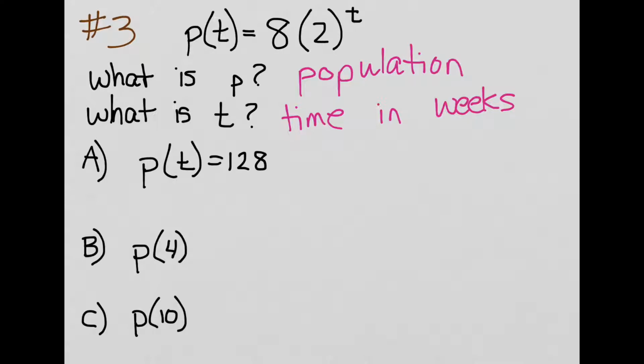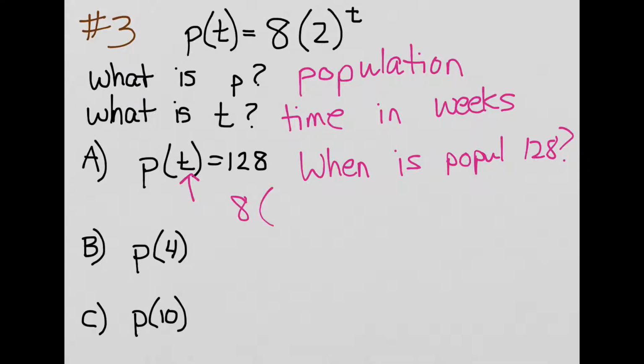Well, when does the population equal 128? I don't know because I don't know t. I bet that's what I'm looking for. I'm asking here, when are there 128 rodents? Let's figure it out using the equation. So that means that 8 times 2 to the t power must equal 128.